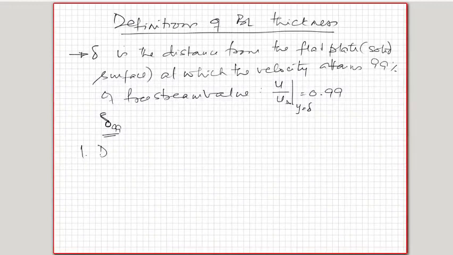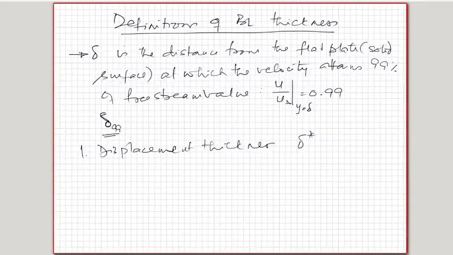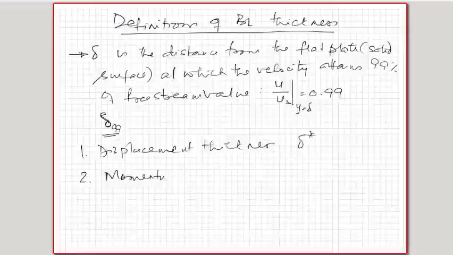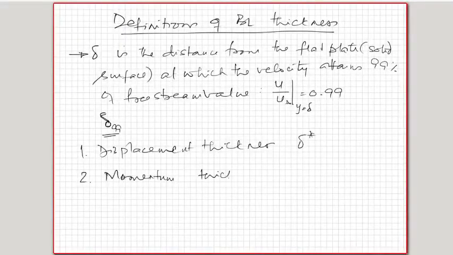One is called the displacement thickness, which we can denote by a symbol called delta star, and we have another quantity which is called the momentum thickness, which is called theta.